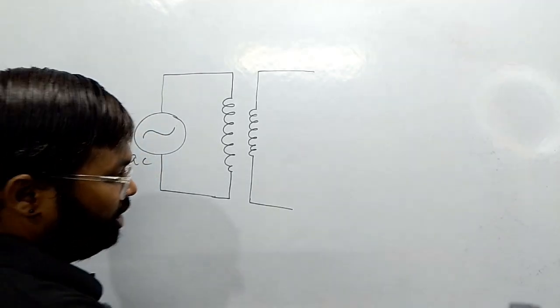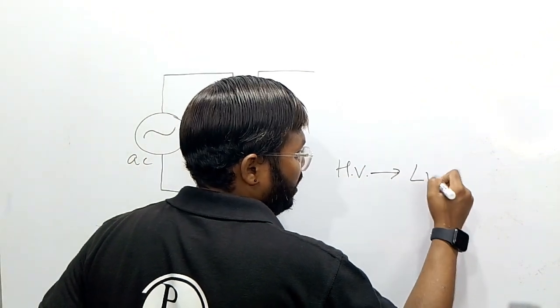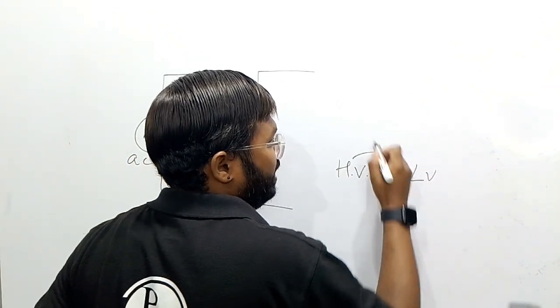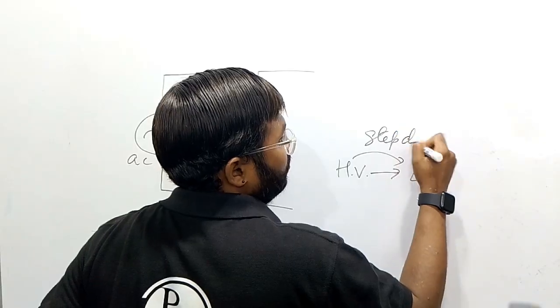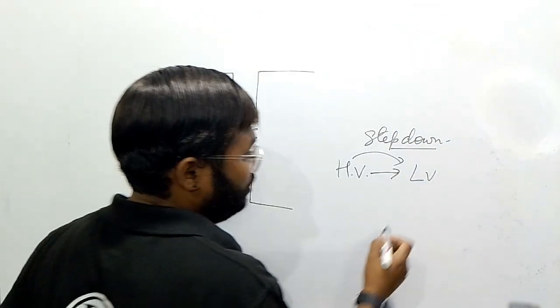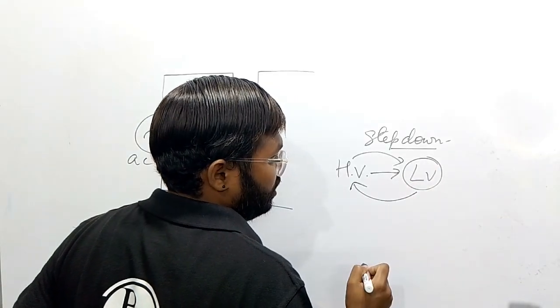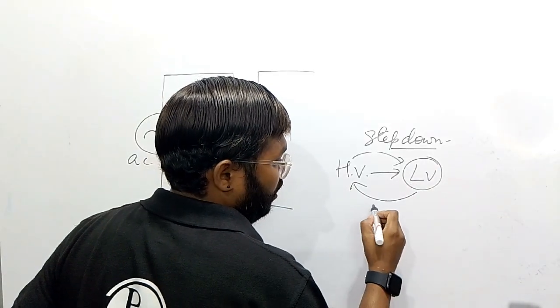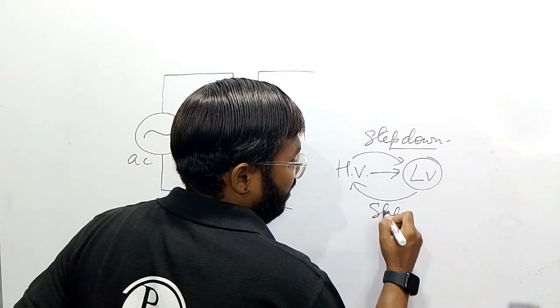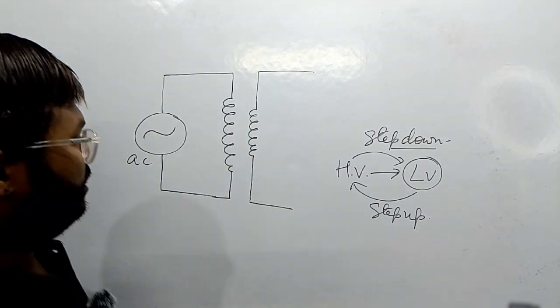When high voltage is converted to low voltage, we call it a step down transformer. In the reverse way, when it converts low voltage to high voltage, we call it a step up transformer. Clear?